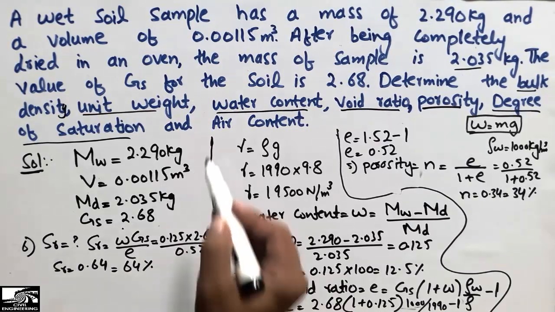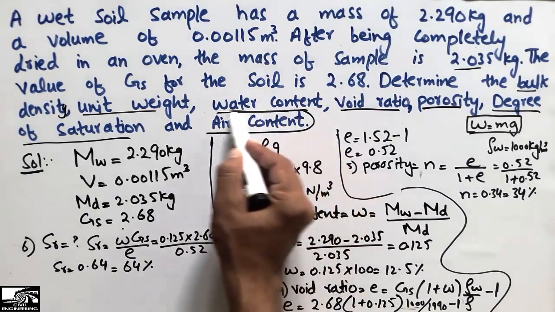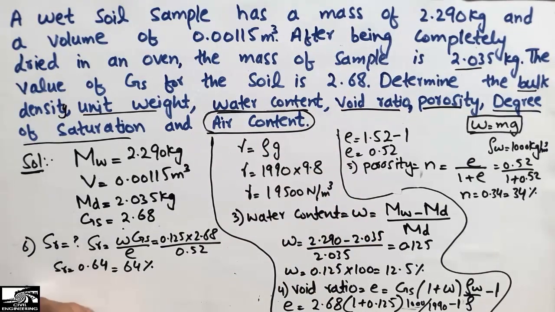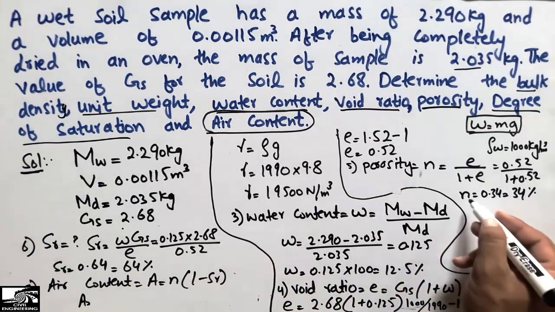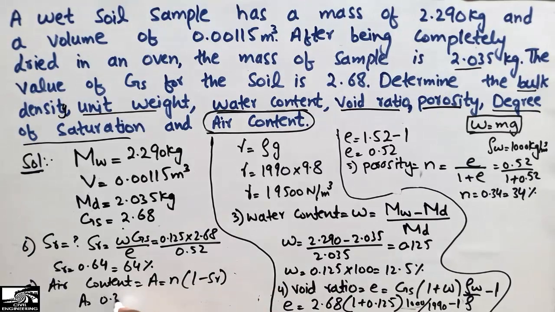Now the last one is the air content. How much air content is present in this soil sample? So air content can also be found easily. A is unknown to us. A can be found by this formula: a equals n into 1 minus degree of saturation. So a will be equal to n, the porosity, which is 0.34 here, times 1 minus the degree of saturation, which is 0.64, right?